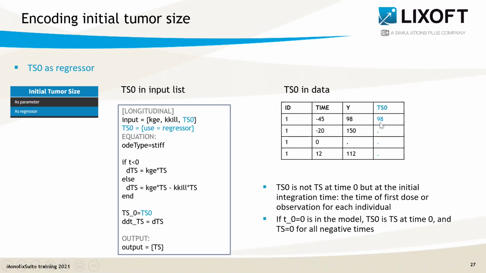It has to be included at least for the first record for each individual, and then the same value can be repeated for the other records, or the information can be missing. In that case, the value for TS0 is read in the model with this line here, use equals regressor, rather than being estimated in Monolix.